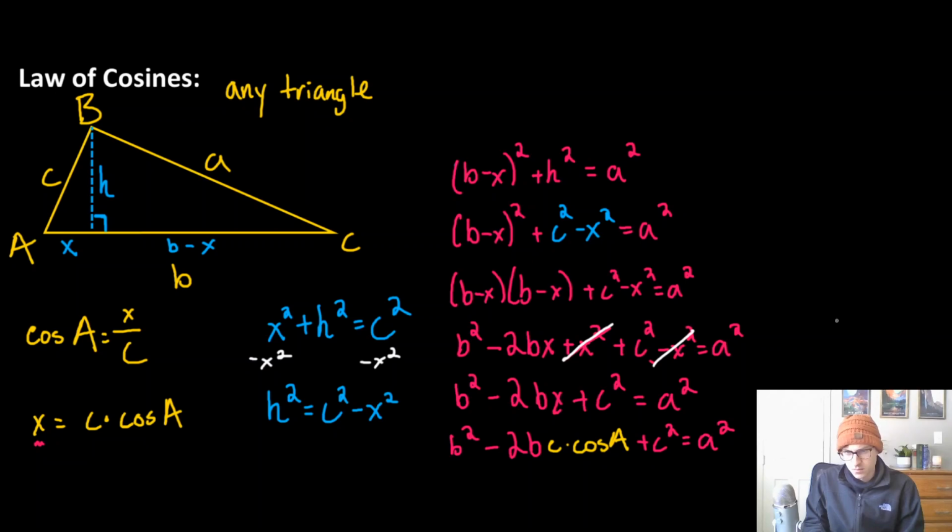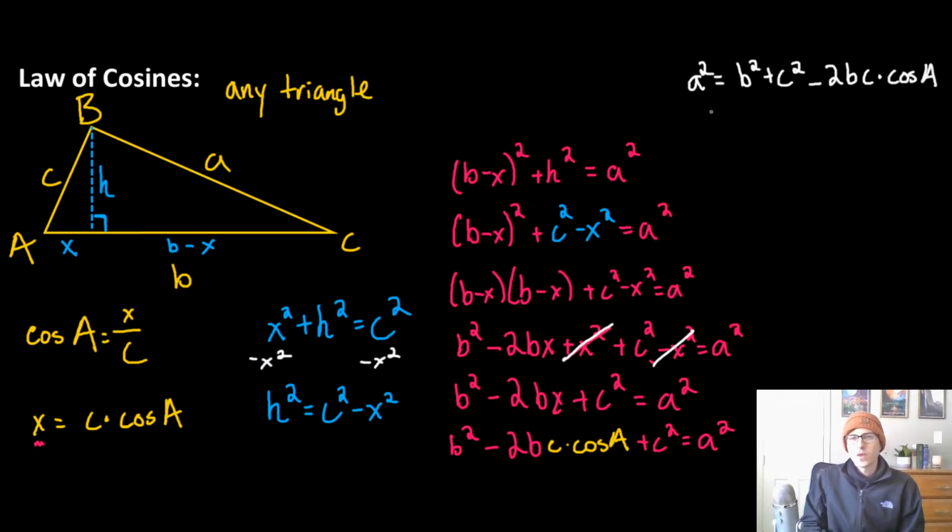We'll finalize it in white. White is fairly distinct. So here we go. A squared equals b squared plus c squared minus 2bc times the cosine of A.